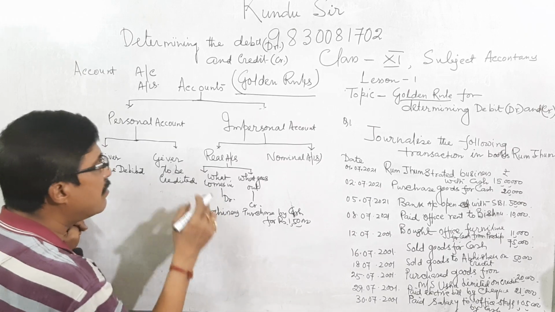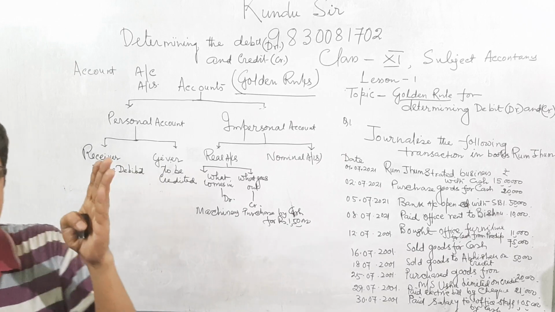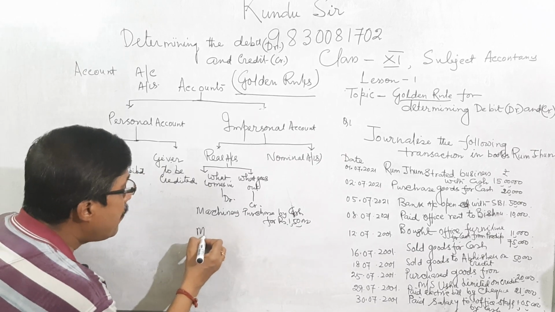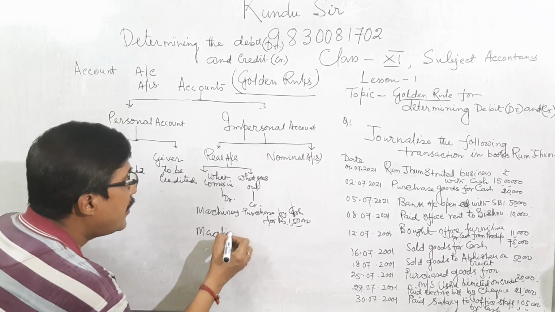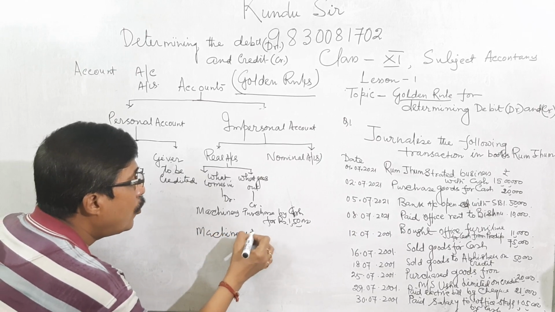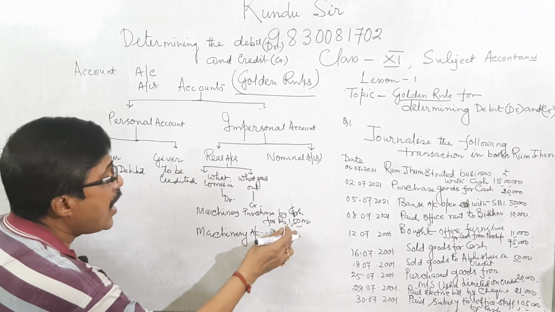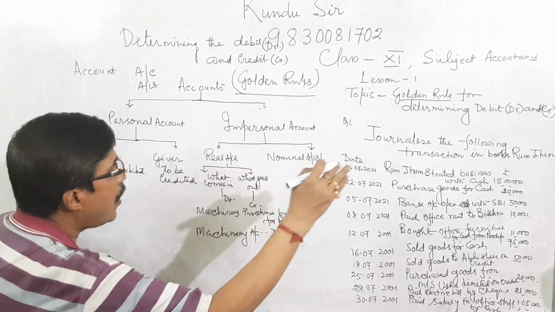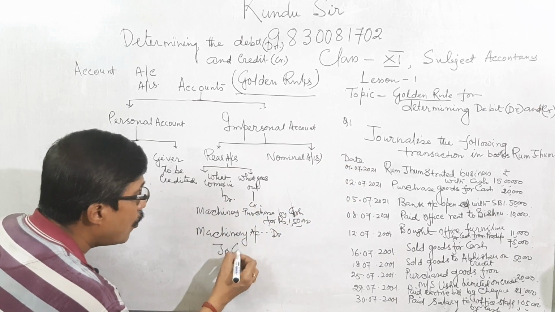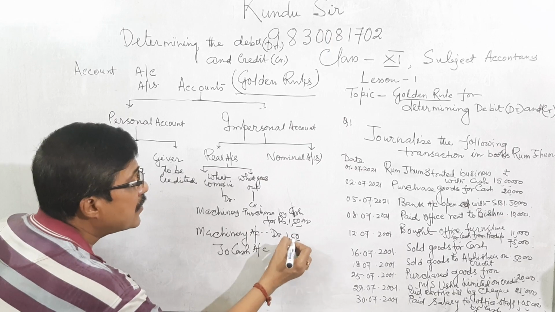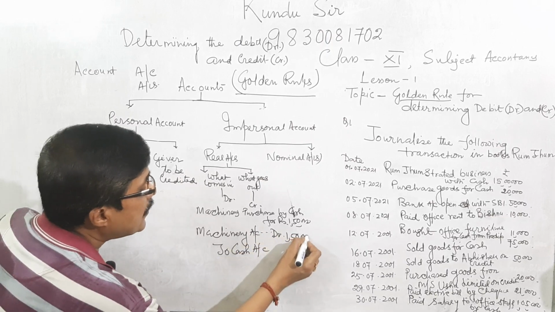Machinery is a real item, so machinery account will be debited, and cash goes out, to cash account 1,50,000.